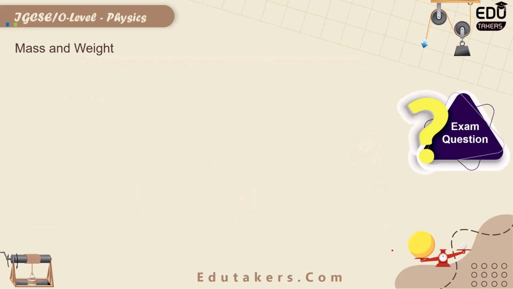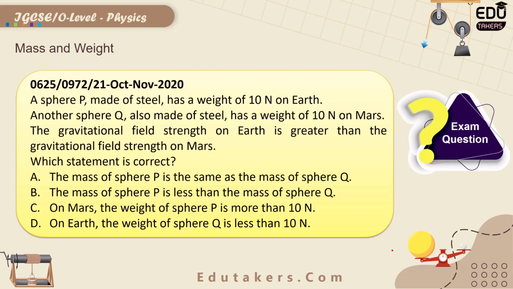Here is an exam question that appeared in October-November 2020. A sphere P made of steel has a weight of 10 Newton on earth. Another sphere Q, also made of steel, has a weight of 10 Newton on Mars. Both of these spheres P and Q have the same weight, but they are placed on different locations.